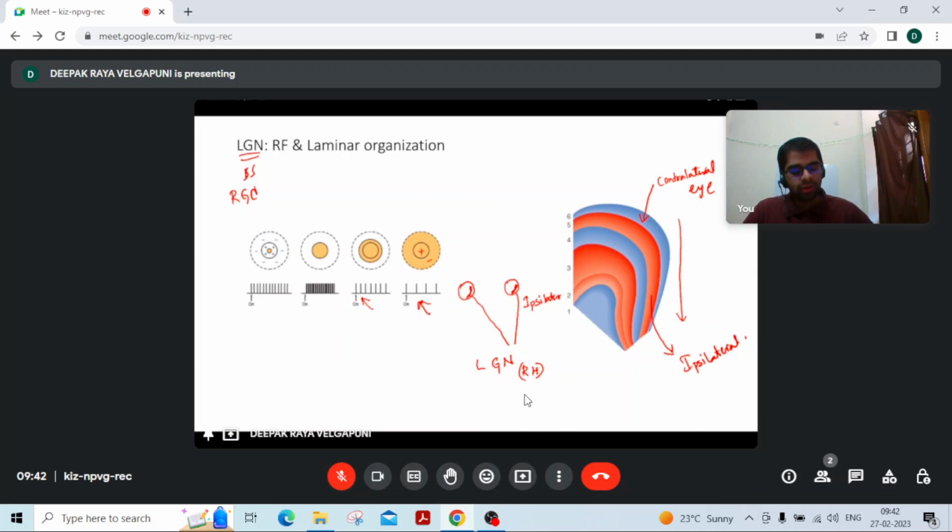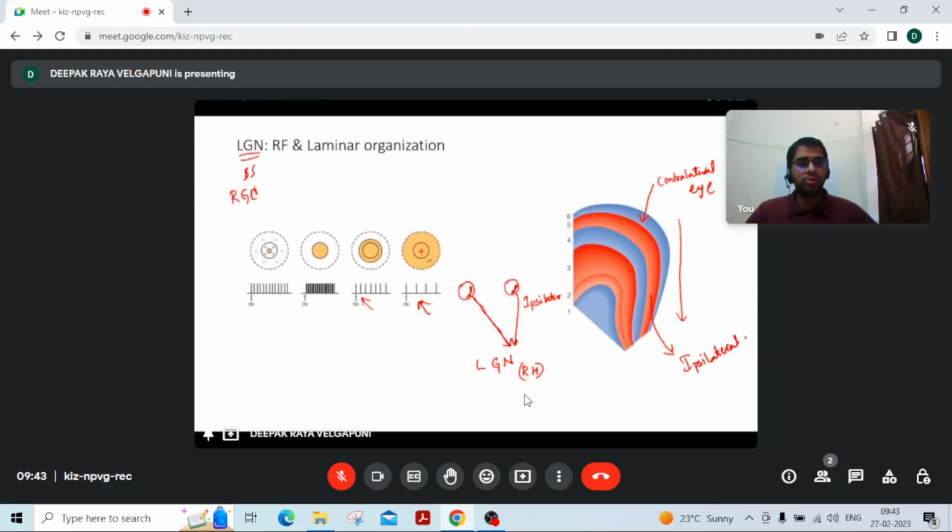Ipsilateral is same, contralateral is opposite. So from the opposite eye also you get inputs. These inputs are organized in a layered fashion, where each layer has inputs from a different eye. There are 6 layers in this LGN, and this is about the laminar organization of the LGN and how the receptive fields are structured.